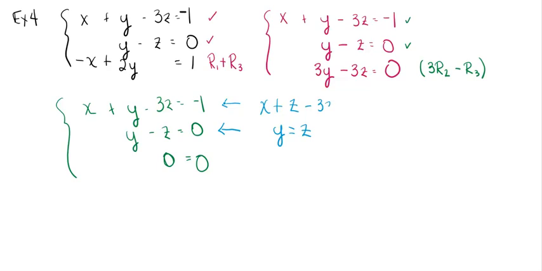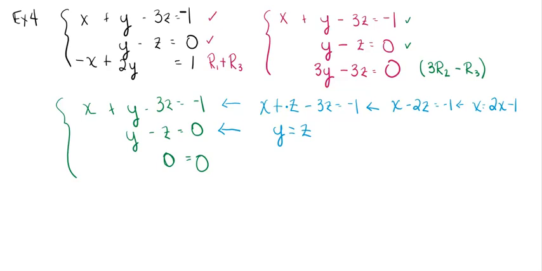Minus 3z equals negative 1. So that can be simplified as x minus 2z equals negative 1, which means my x is equal to 2z minus 1.